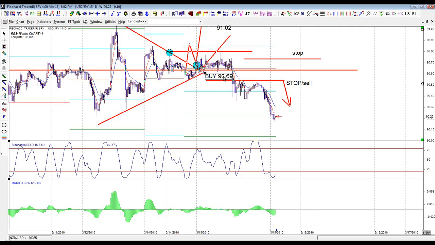And if your entry was, let's say, hypothetically 90.69, the price was 90.70, and the next time the quote refreshes, the price is 90.50. So it's already slipped 19 pips from your entry. Some brokers will execute your order no matter how far the price is from your preset entry.